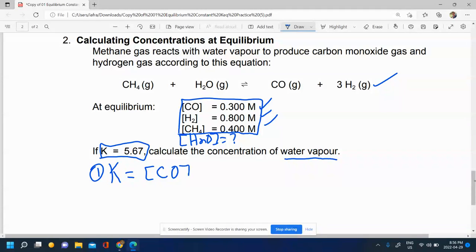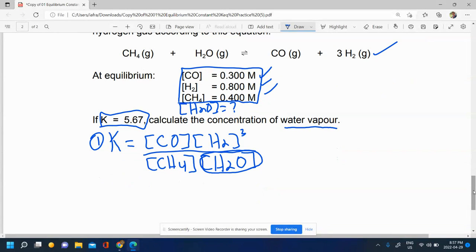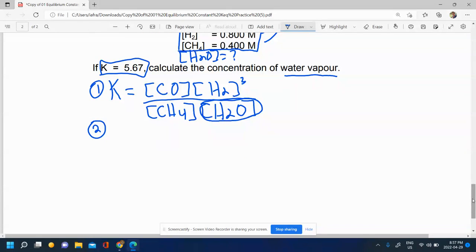Carbon monoxide times hydrogen cubed over CH4 times our water vapor. And essentially, this is what we're looking for here. We're looking for the concentration of the water vapor. So I could rearrange this to get the concentration of water vapor.